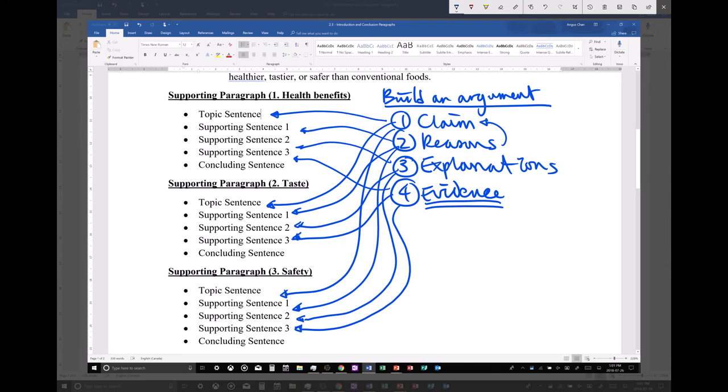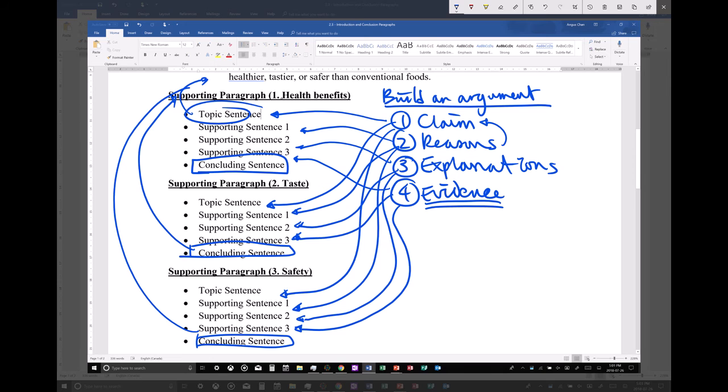And finally, I would link my topic sentence back to the thesis with my concluding sentence. Okay, so let's add that to our outline and make the adjustment.